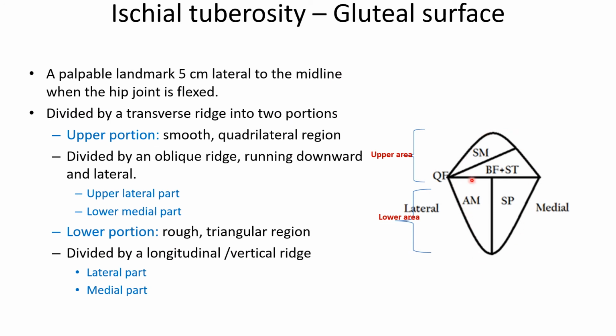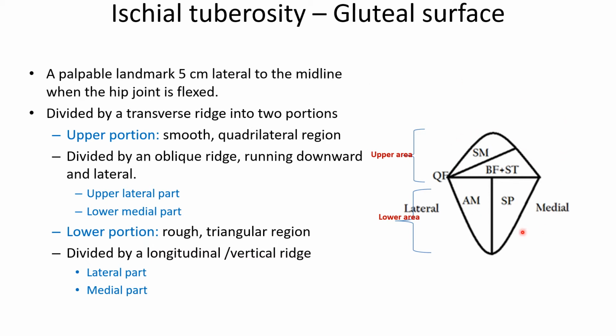This picture is a schematic diagram of the gluteal surface of the ischial tuberosity showing the attachments of muscles. The ischial tuberosity is a palpable landmark which one can feel 5 centimeters lateral to the midline when the hip joint is flexed.